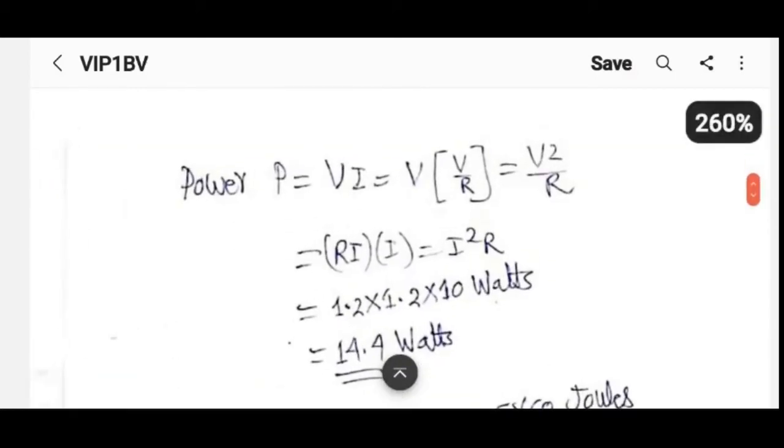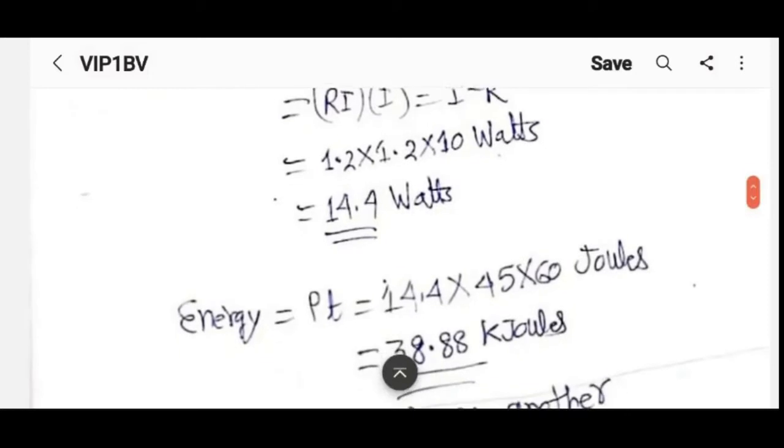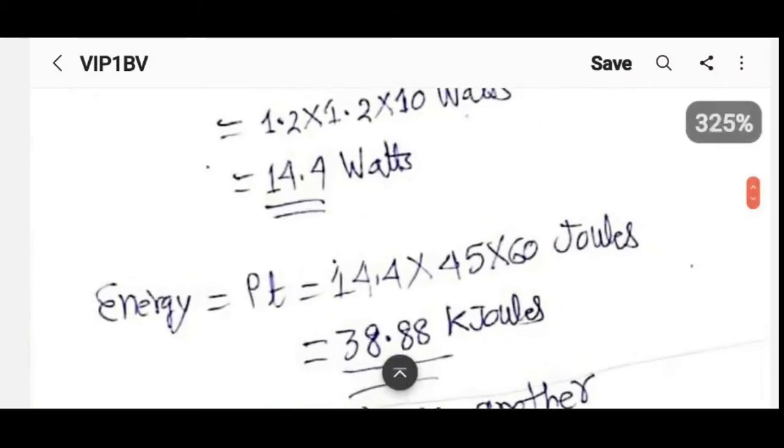Power is V into I, V squared divided by R, and it's all easy to calculate. Power turns out to be 14.4 watts, no issue. To get energy over 45 minutes, multiply this power by 45 into 60. So that is the answer, 38.88 kilojoules.